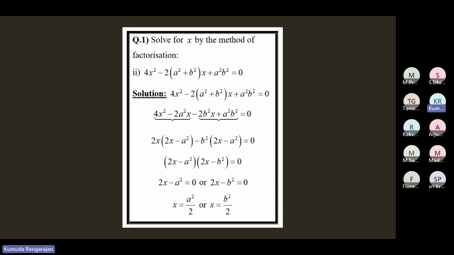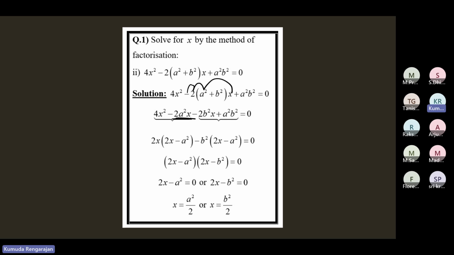This is the next one. So again here, we just open the brackets. Minus 2 into a square. See, this is the given equation again. Now, minus 2 into a square into x. Don't forget the x.